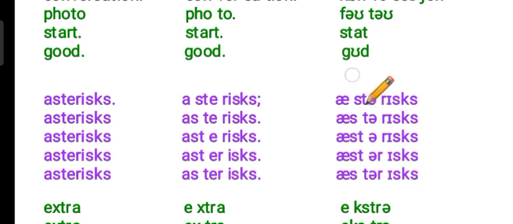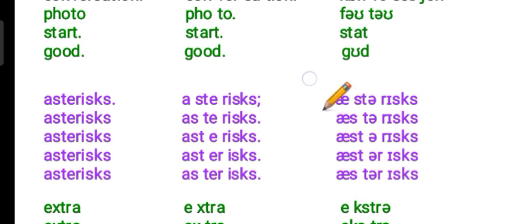Now, as you can see, among these 5 possibilities, only 2 divisions sound correct, or they sound natural. And these 3 divisions do not sound natural.